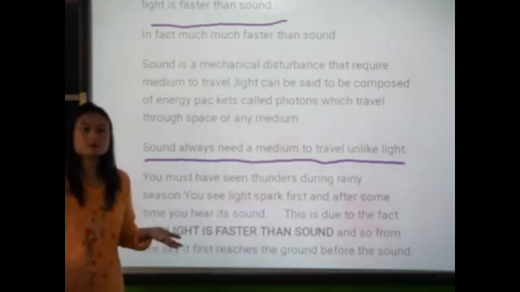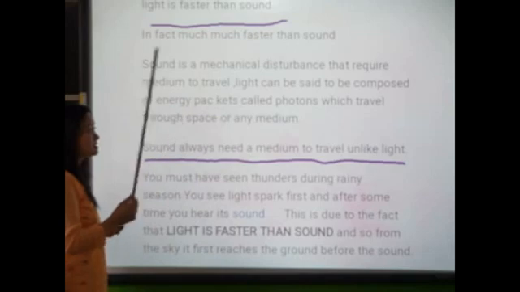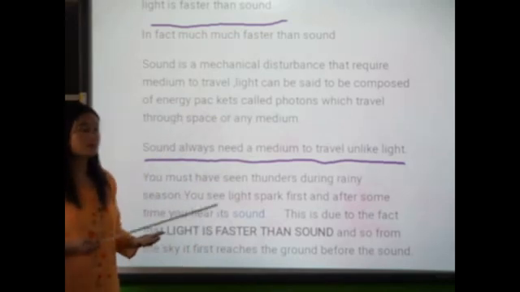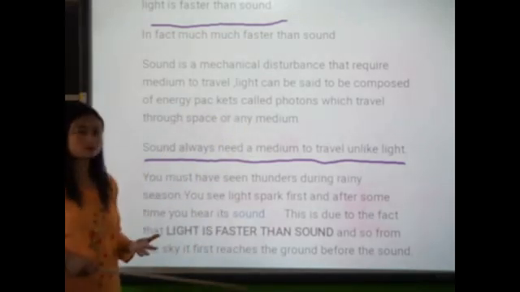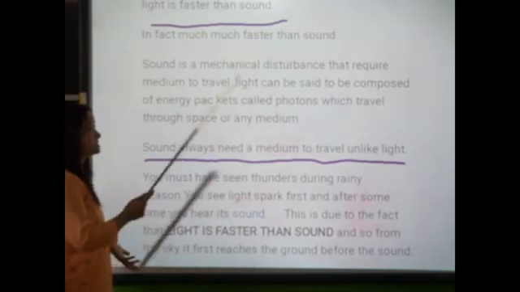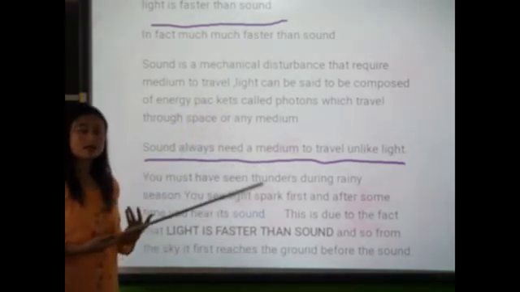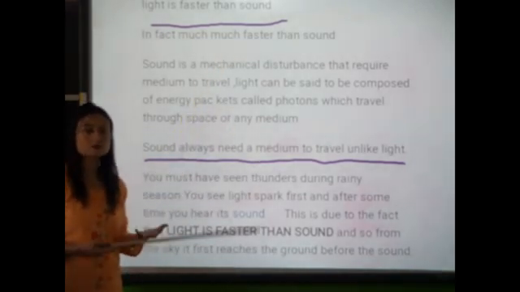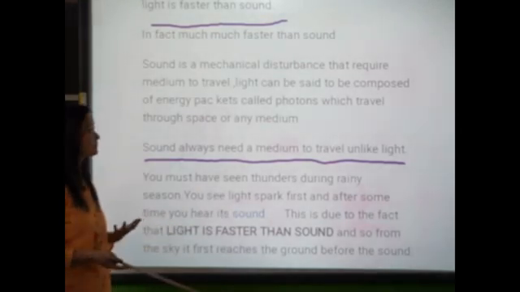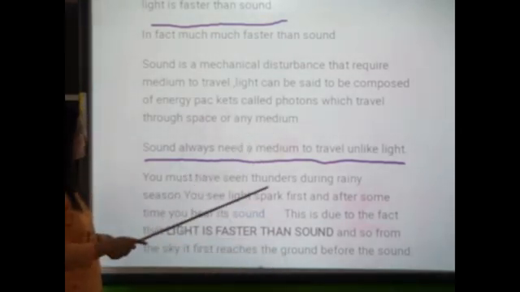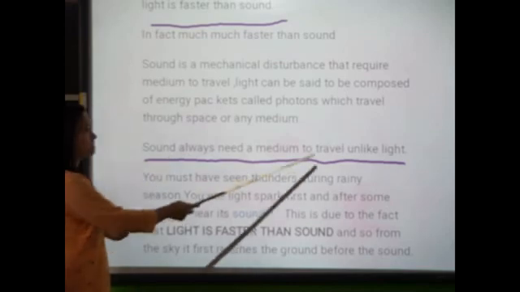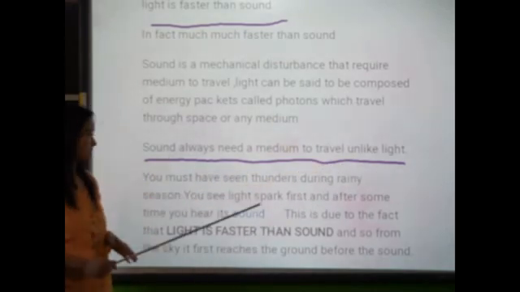And there is no medium also. So despite there being no medium out there, light reaches the earth in no time, which means light travels faster than sound. Light doesn't require any medium to travel. Sound always needs a medium to travel, unlike light.